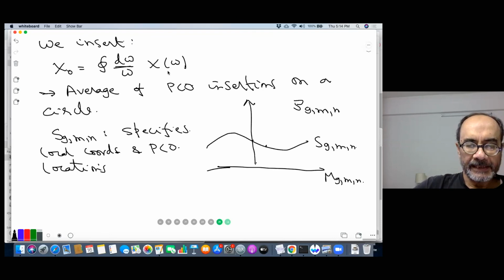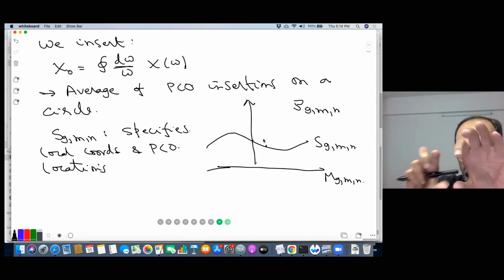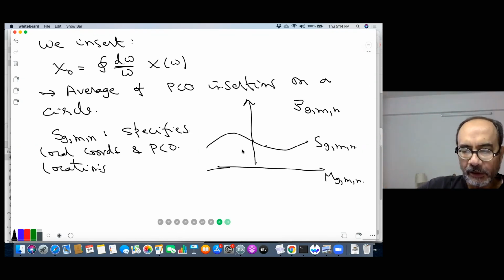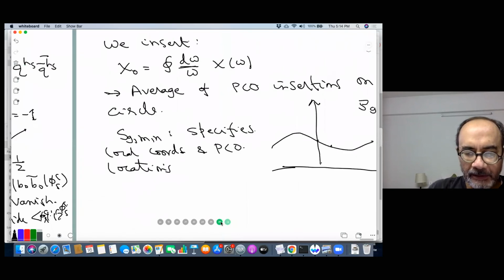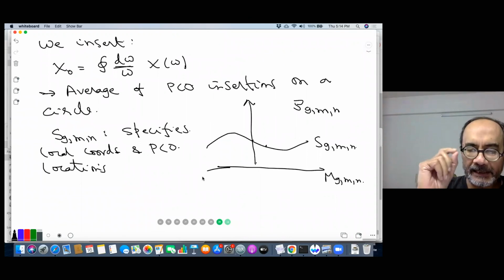Now, what this condition tells us is that the section that you choose has to have some special property near the boundary. Namely, that if the two Ramond punctures which are being sewn, if that is the kind of boundary that you are considering, then one of the PCOs must be inserted on the neck, where you are sewing them together. Furthermore, it has to be inserted not as a single object, but as an average of many insertions.